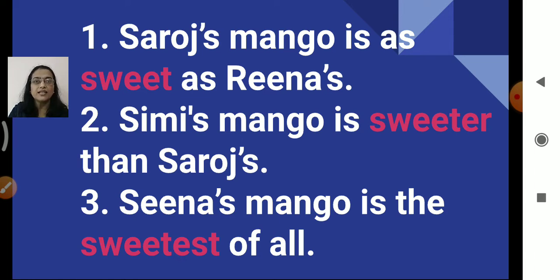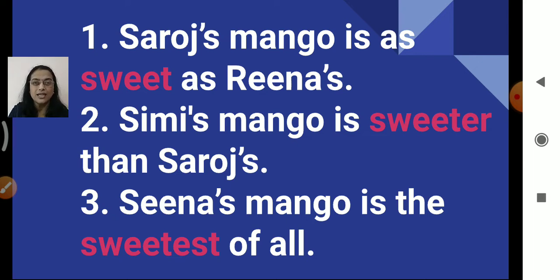In the first sentence, Saroj's mango is as sweet as Reena's, that means equal. Both are the same, the sweetness is the same. But in the second one, Simi's mango is sweeter than Saroj's. So what did you do here? You compared between these two, the mangoes of Simi and Saroj. So here you found that Simi's mango is sweeter than Saroj's.